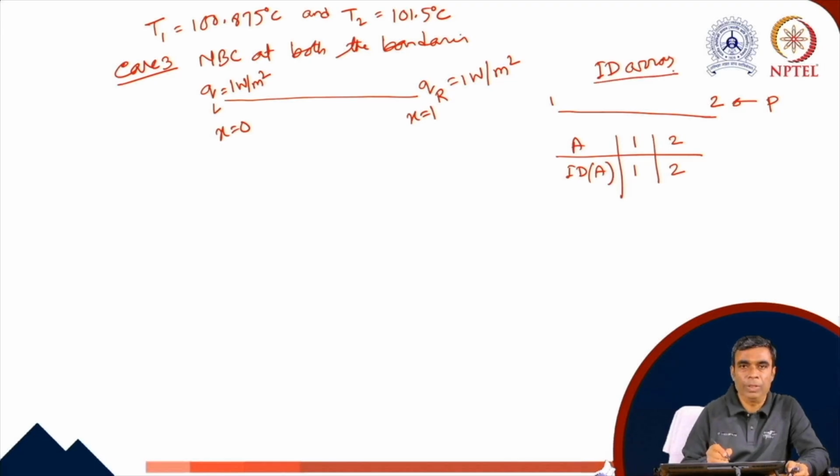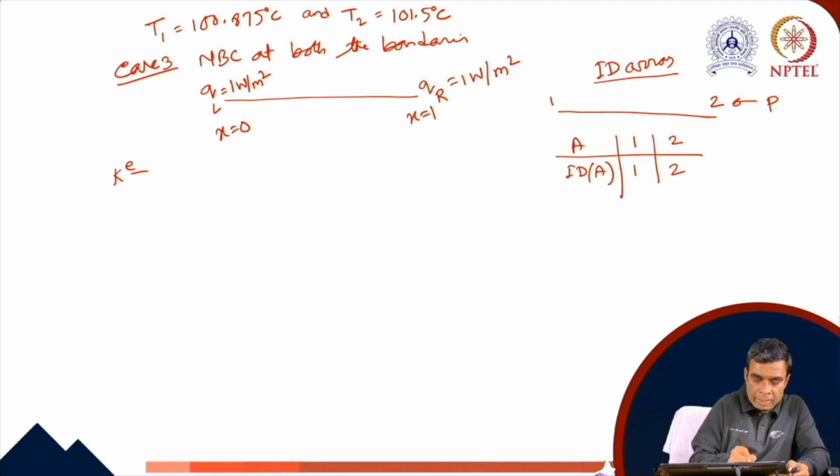Now, if we generate the element level matrix equation system, we know that K_E T_E equals F_E for this case with two noded bar element.